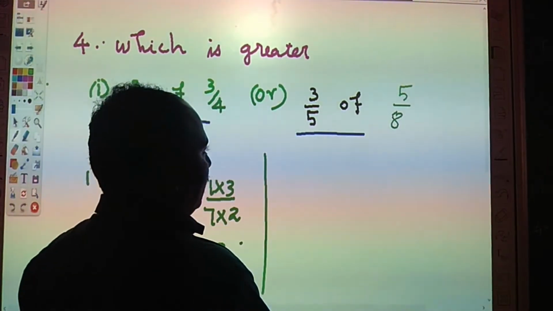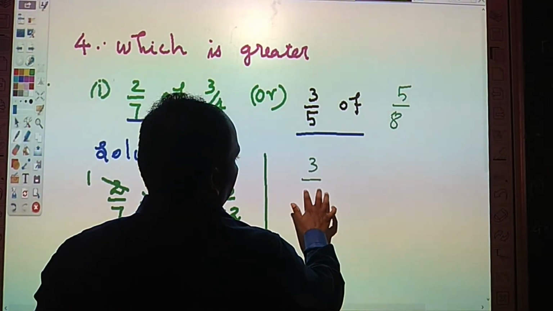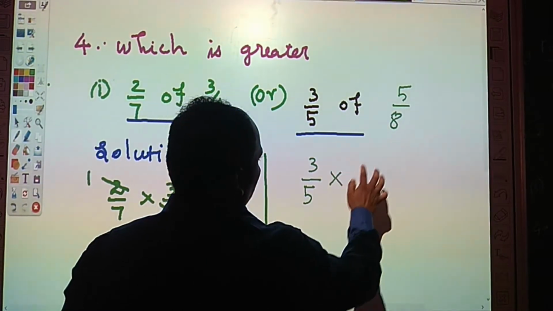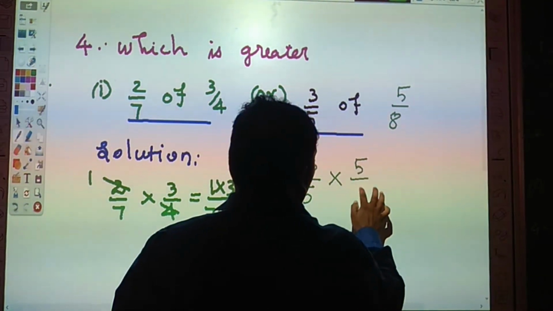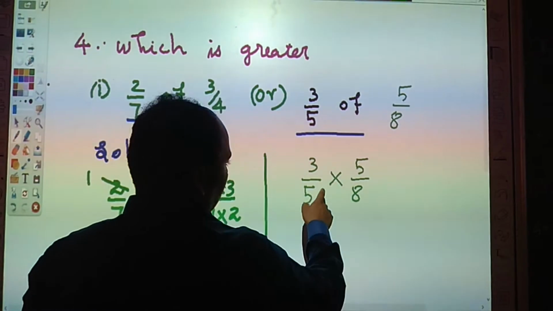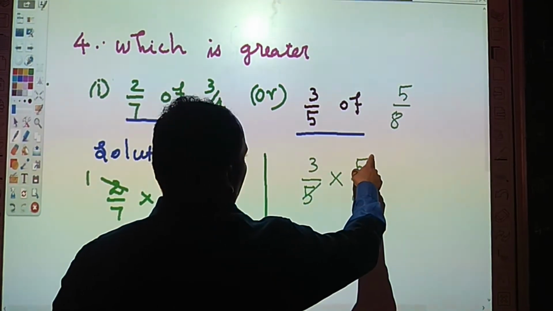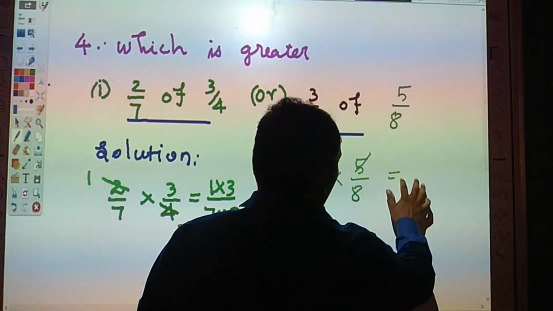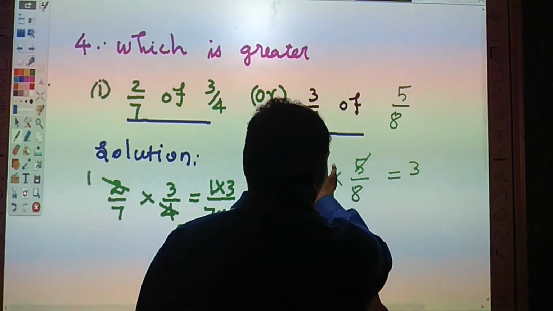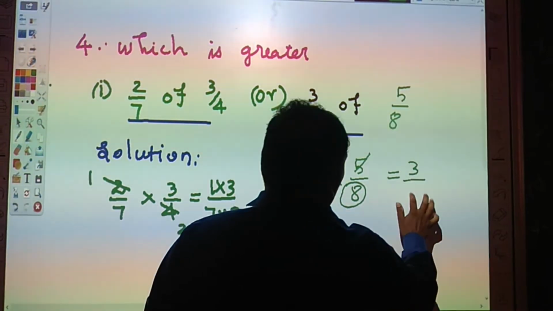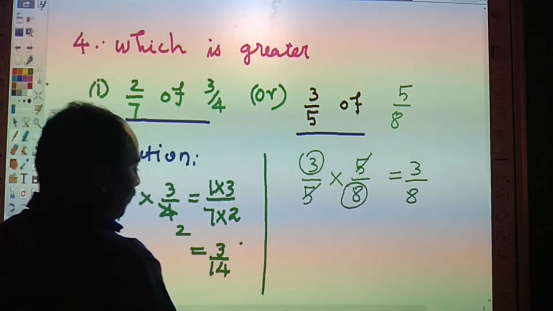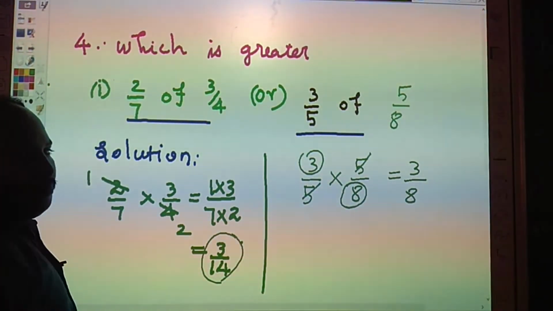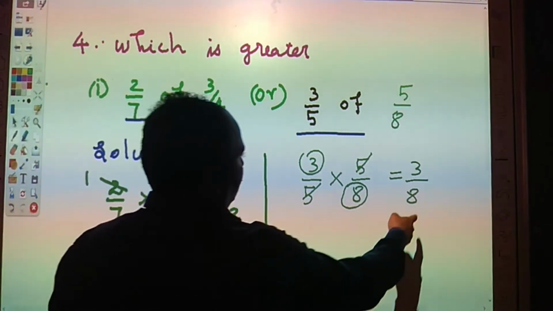Of 3 by 5 of 5 by 8, of means into 5 by 8. 5 5 cancel. Remaining, the numerator part 3, the denominator part 8. So 3 by 8. We compare 3 by 14 and 3 by 8.